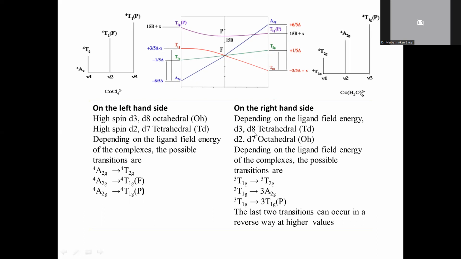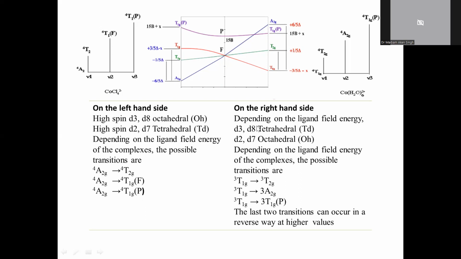D3 and D8 configuration in the case of tetrahedral should be on the right, and D2, D7 octahedral should be on the left. So the energy transition is reversed. That is why sometimes you get confused. To protect yourself from that confusion, just remember this thing, either left or right. This thing is very important.